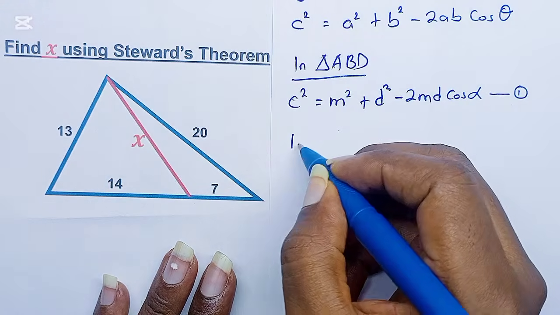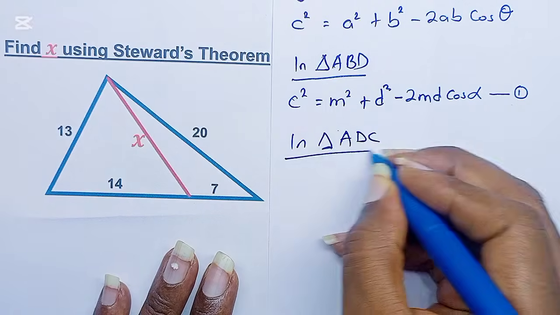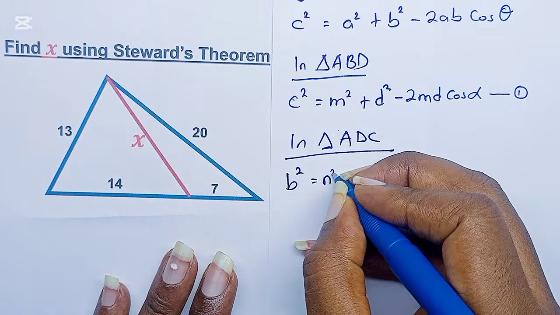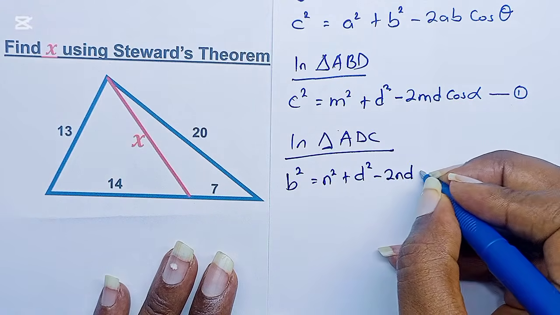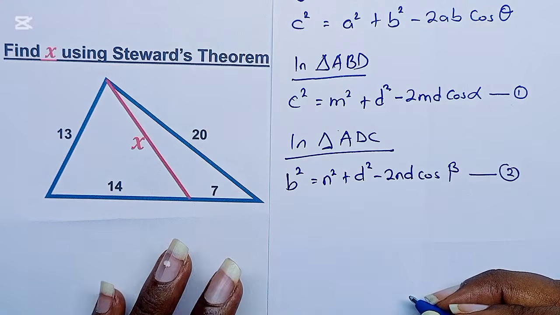So in triangle ADC, our B squared will be equal to N squared plus D squared minus 2ND cos beta. Let this be equation 2.